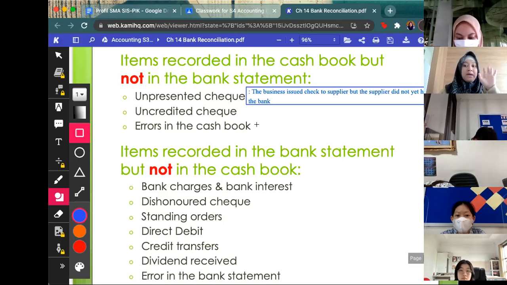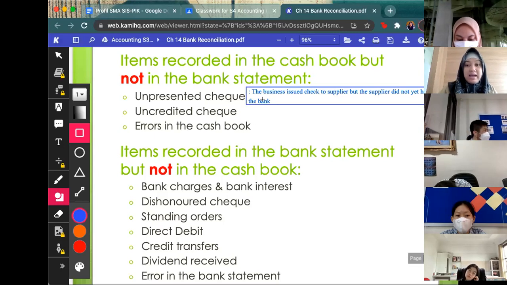So when you compare the September cash book with the September bank statement, that transaction is not shown in the bank statement. Clear, yeah? So again, an unpresented check is spending money, but the bank did not know that you just spent the money, okay?